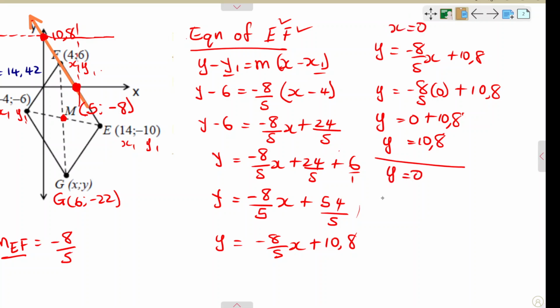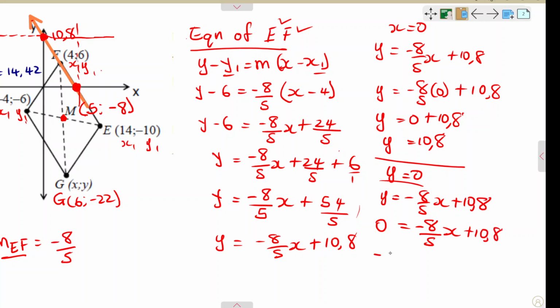So I have y is equal to negative 8 over 5x plus 10,8. This is my equation. Because I'm looking for x, I'm going to make y 0. Then 0 is equal to negative 8 over 5x plus 10,8. So take this 10,8 to the other side.